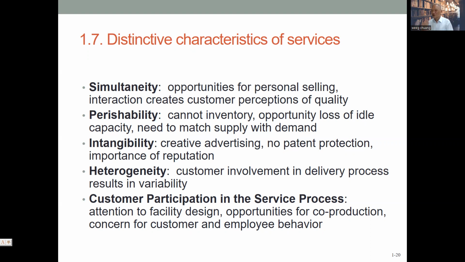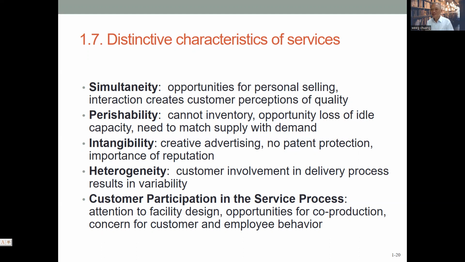So if you don't sell the ticket for a sports event or music concert, then you lose the opportunity to get money. So it's opportunity loss of idle capacity. So it's better to match supply with demand. That's the best thing to have, just matched supply and demand, due to this feature of perishability.